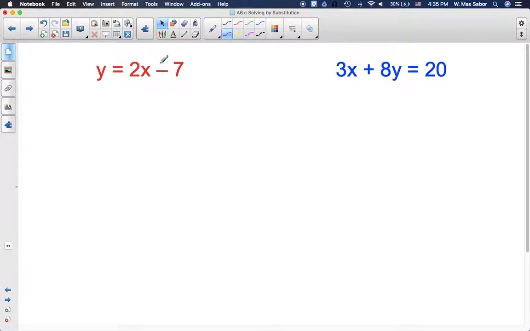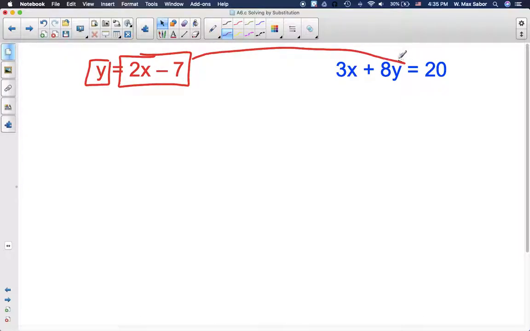All right, step 1, get one of the variables by itself. Done. So the other side can replace y. Because it's equal to y, it can replace y. So I'm going to rewrite 3x plus 8, and in the parentheses will go what we are replacing.